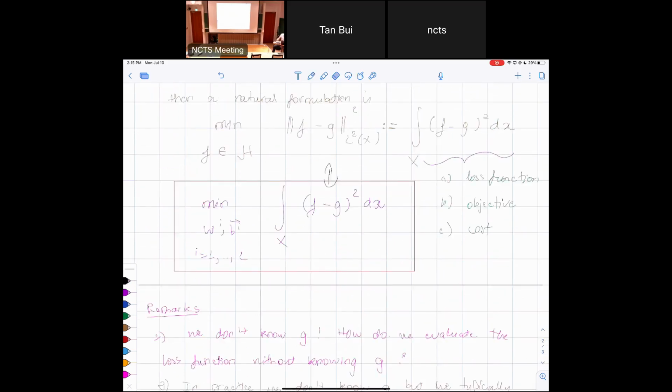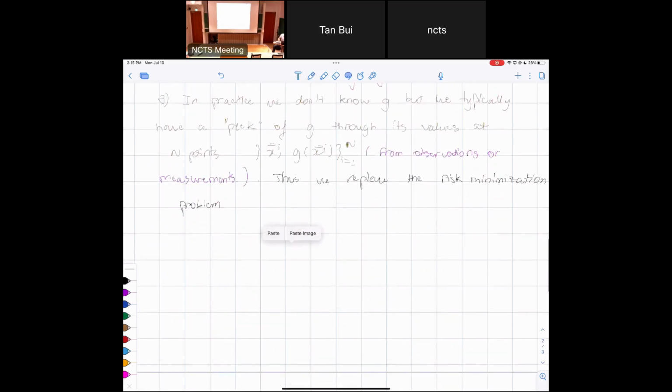So let me actually copy this. This is also known as a risk minimization problem, by the way. I'll copy it and put it down here.